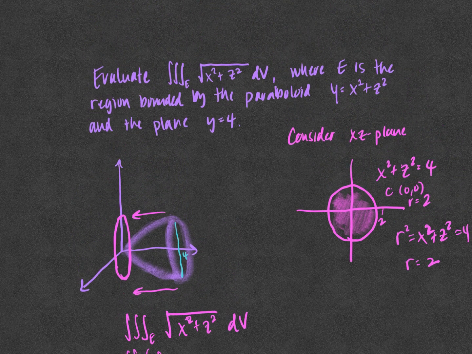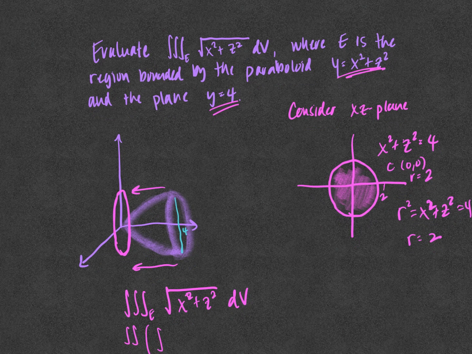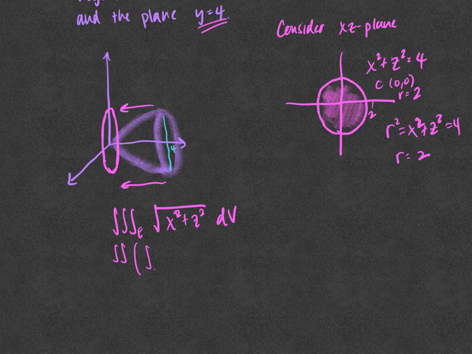Now, we're working in terms of y, so we have two equations, the paraboloid and the plane y equals 4. So that means our bounds go from the paraboloid x squared plus z squared to the plane 4, and our integrand is the square root of x squared plus z squared, and we're integrating with respect to y. And then we have the integration with respect to the area, where we're going to use x and z.